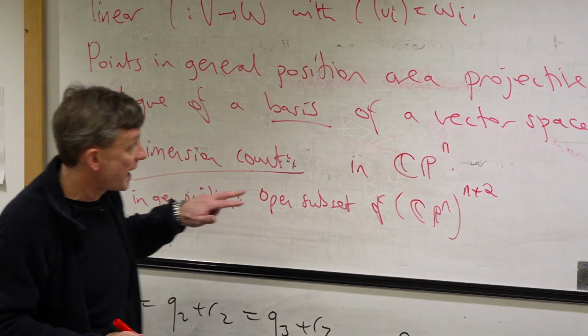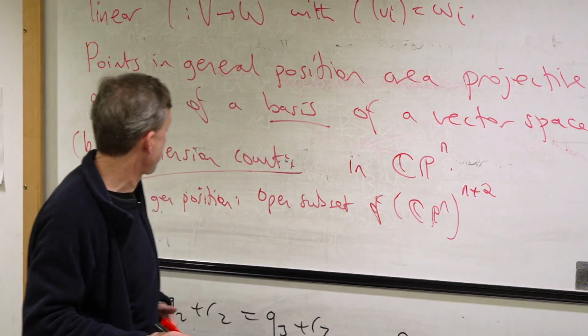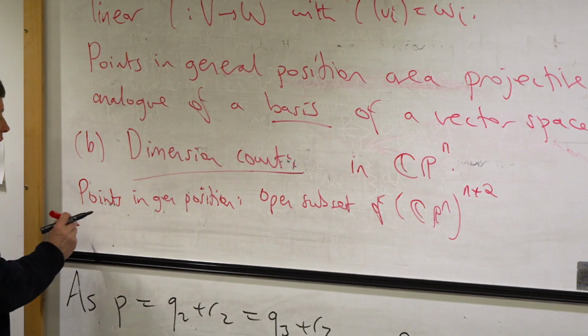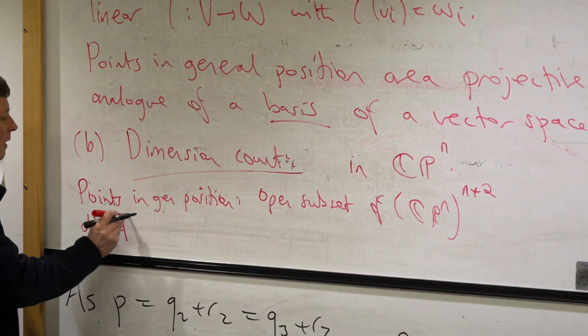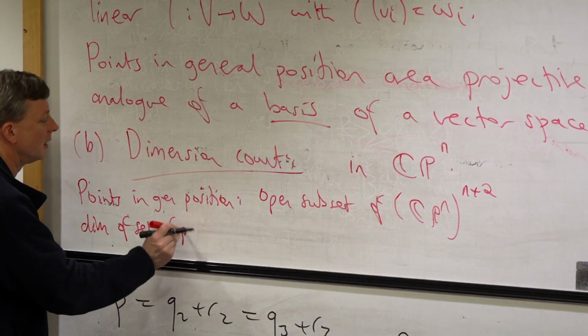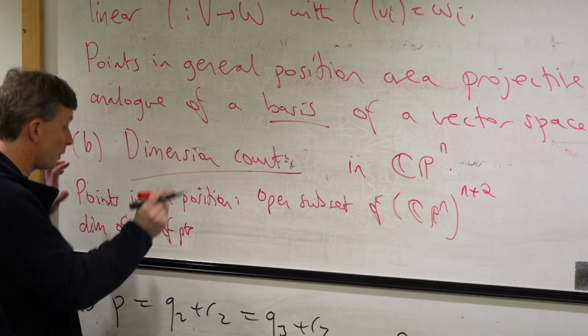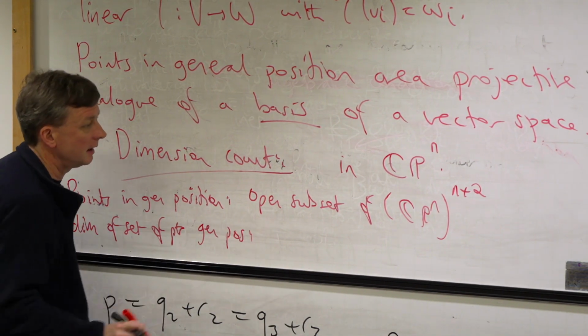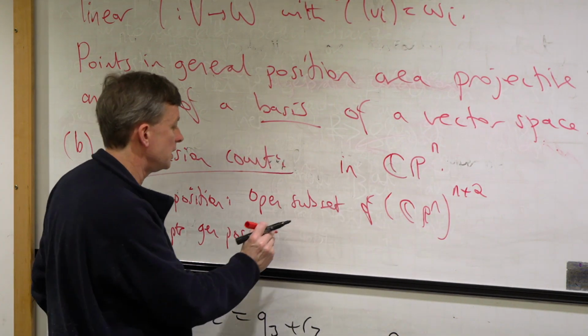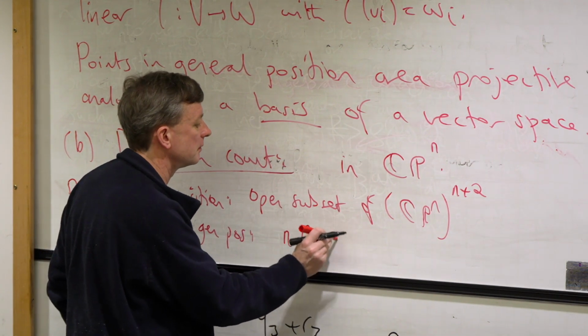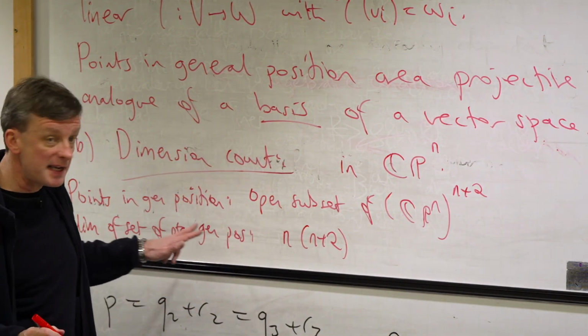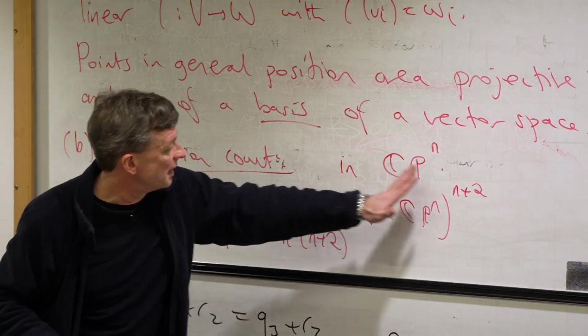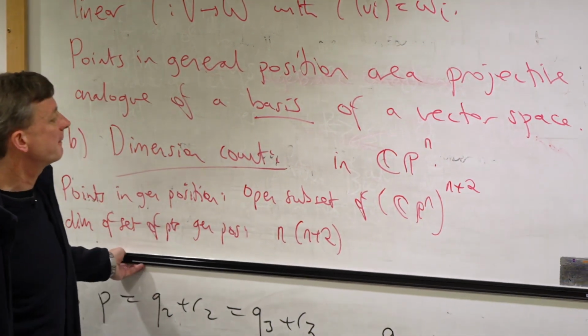So that is, I've got n plus 2 points in here, and the dimension of the set of sets of points in general position is the dimension of this space, which is n times n plus 2. So you need n times n plus 2 numbers to describe a general point in there.